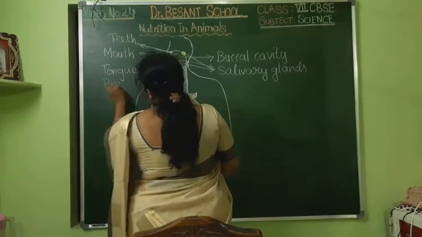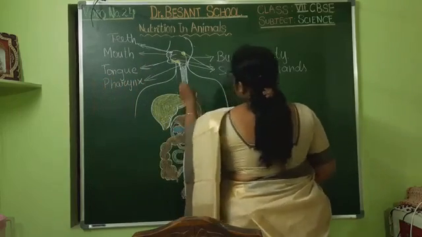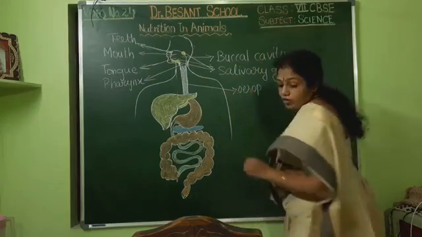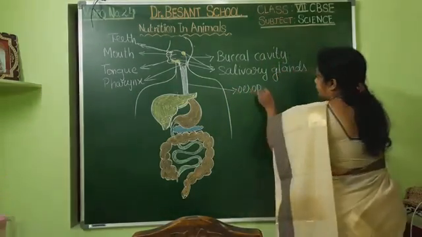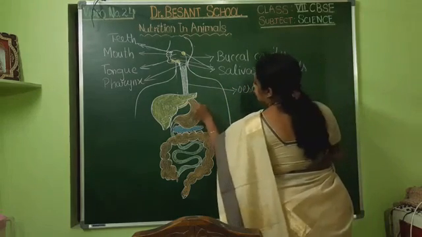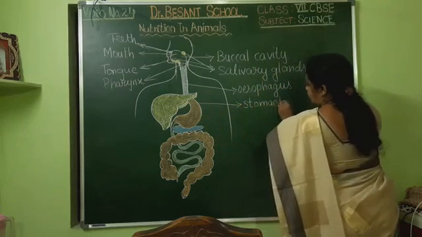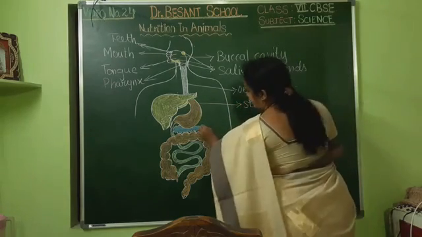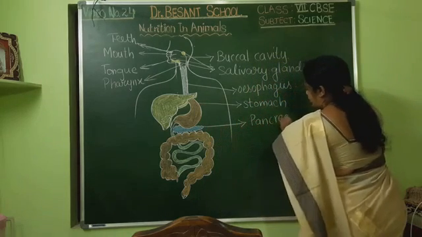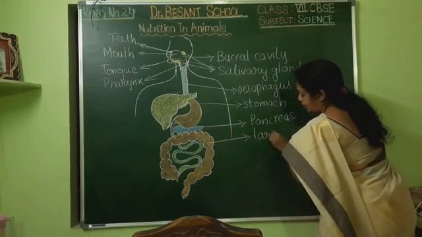That is the pharynx. What is this? Esophagus. Next one, stomach. This one is pancreas. This is the large intestine.